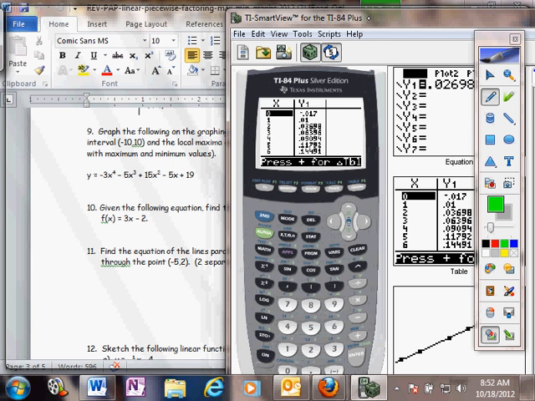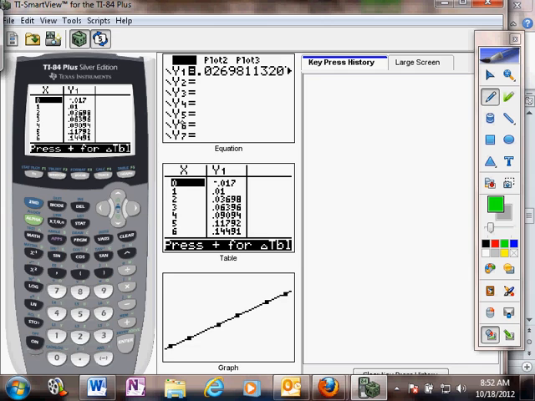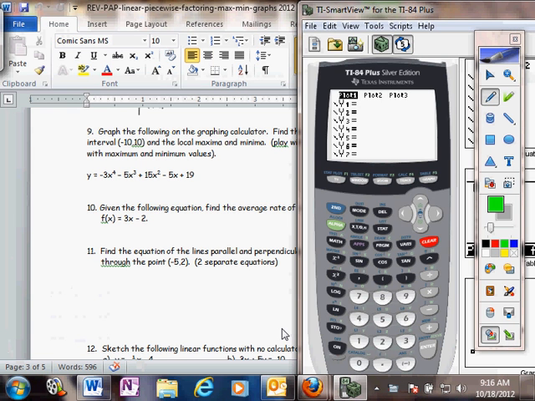We got -3x to the 4th minus 5x to the 3rd plus 15x squared minus 5x plus 19.